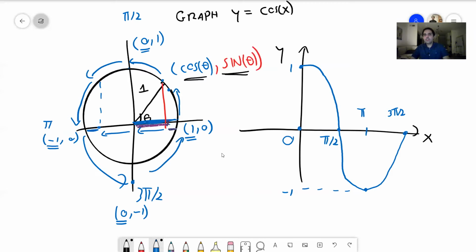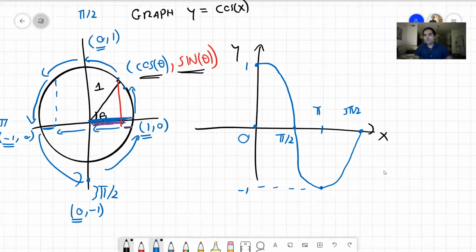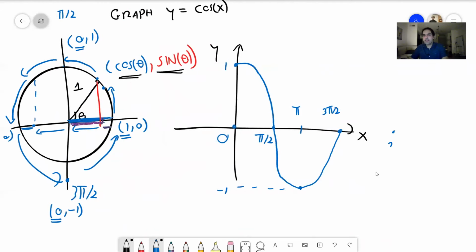And lastly, to go from 3 pi over 2 to 2 pi, again the same phenomenon happens. So suddenly your x-coordinate increases by a lot, and then it increases by just a little bit. Kind of sort of like this.